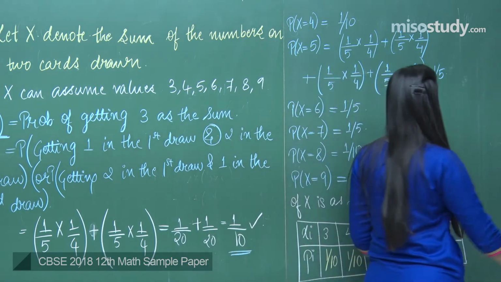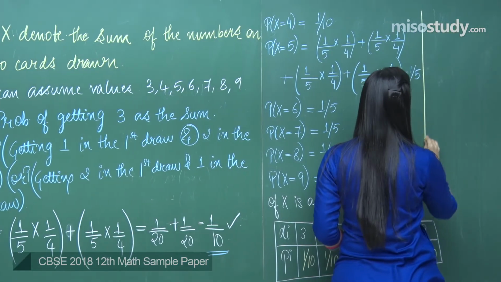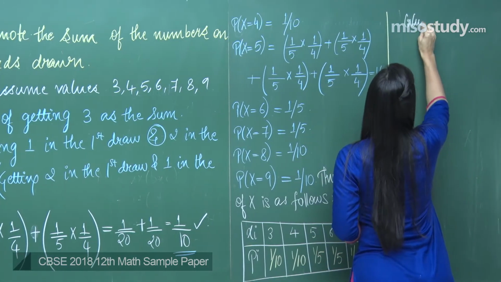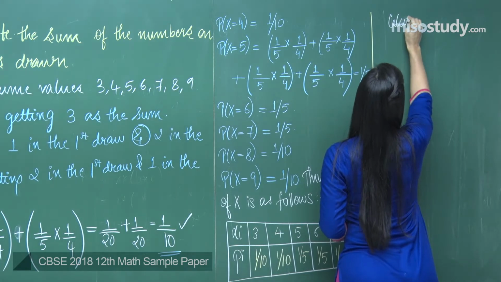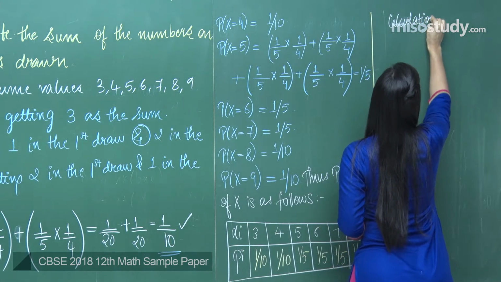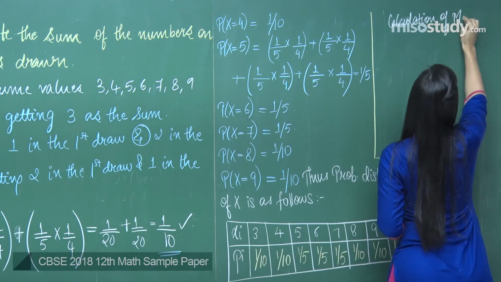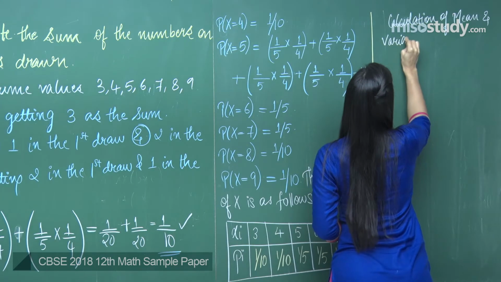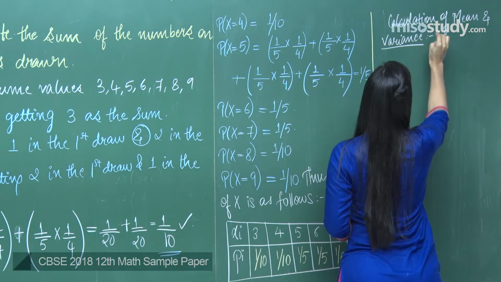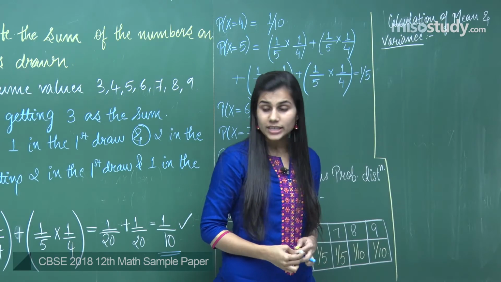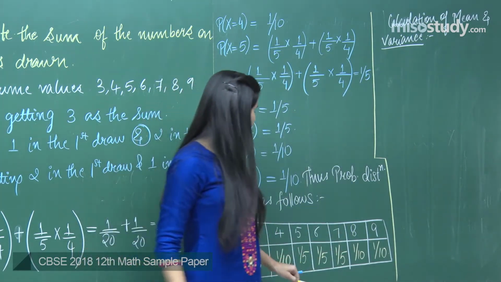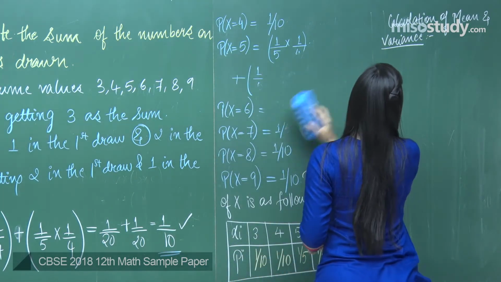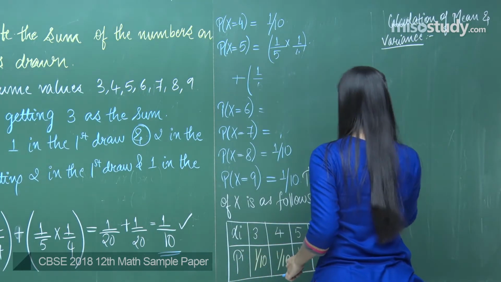And once you have this, let me now begin with calculation of mean and variance. For this, all you need is this probability distribution table. So let me rub all this so that we can draw this in an elaborative form.